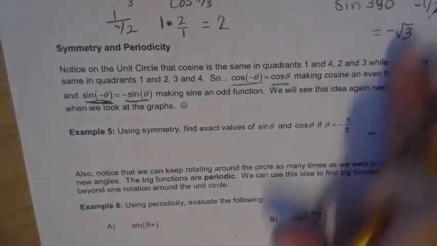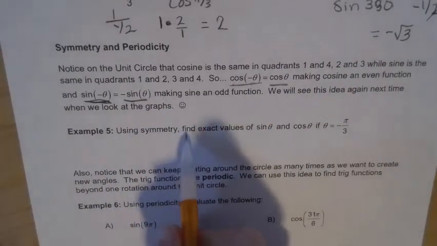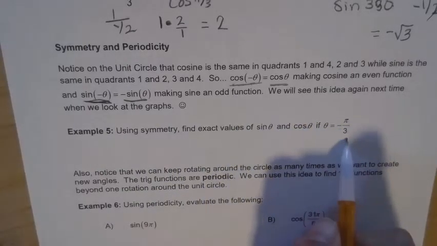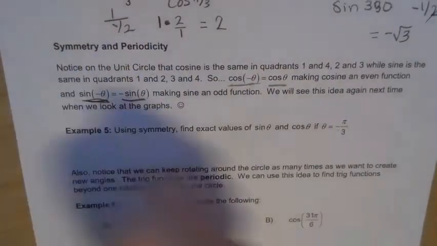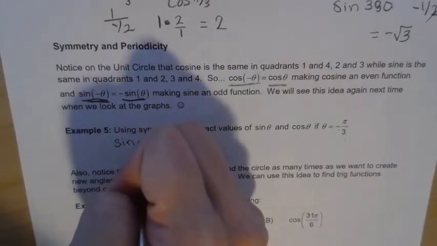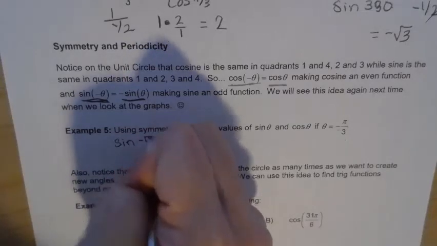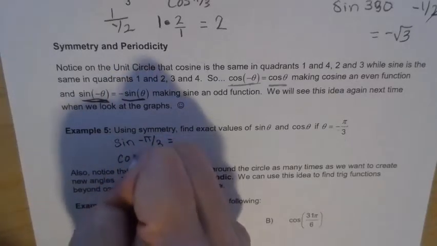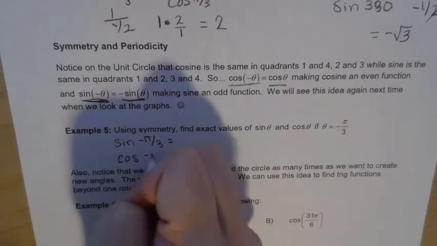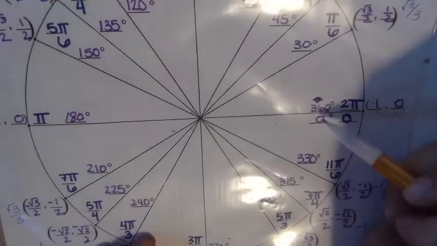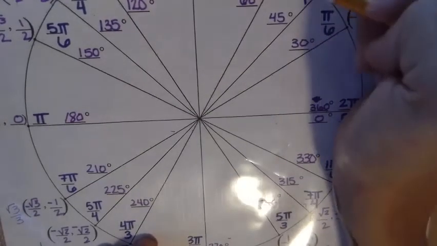So here we go. Using the symmetry, find the exact value of sine and cosine of negative pi over 3. So sine of negative pi over 3 and cosine of negative pi over 3. So if we were going backwards, I would say that pi over 3 is up here, right?